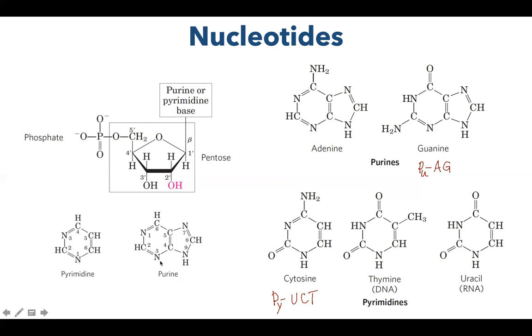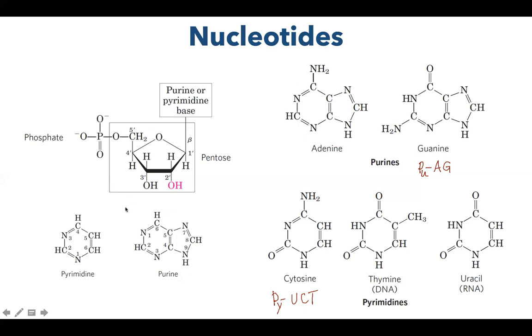On the other hand, for your purine, you start with this nitrogen. This is nitrogen 1, carbon 2, nitrogen 3, and so on in a counterclockwise way, followed by 7, 8, 9 on the smaller ring in a clockwise manner.